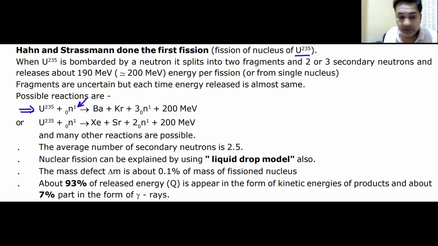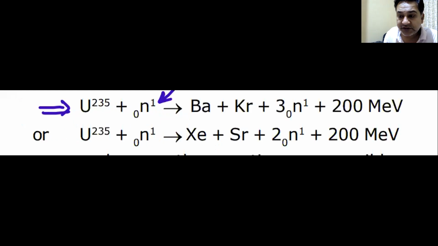I hope you can see it now. Do you see this reaction? They bombarded uranium U-235 with one neutron. Atomic number is 0, mass number is 1, and it gave, what is Ba? Barium. Okay, barium, Kr.